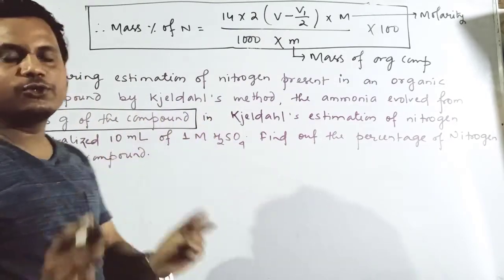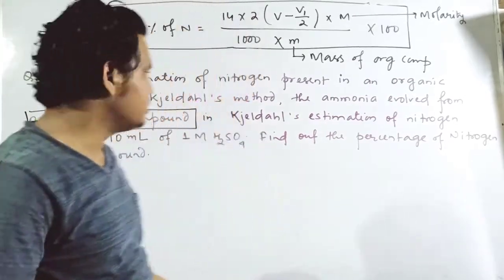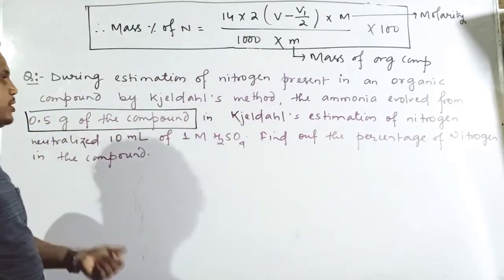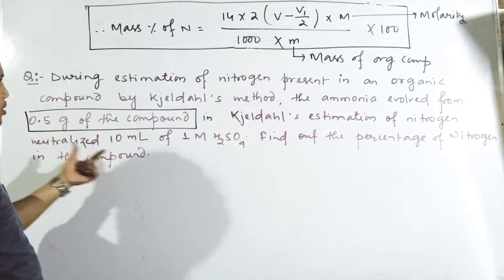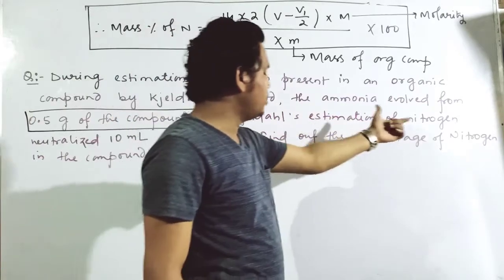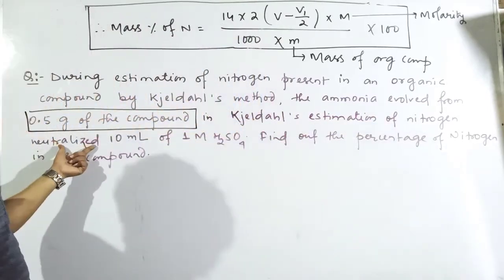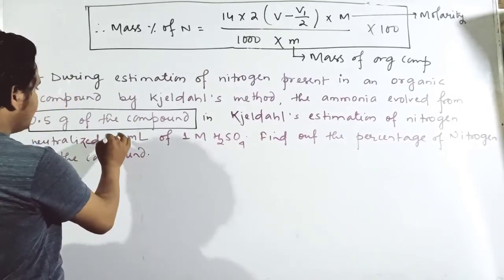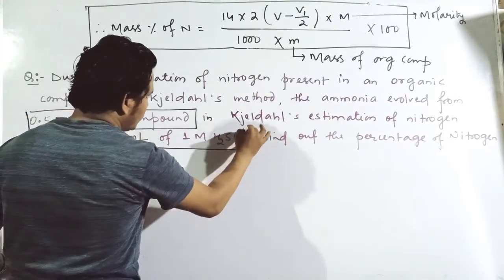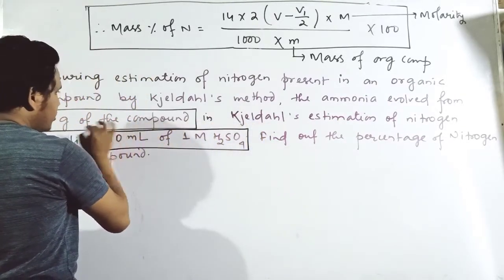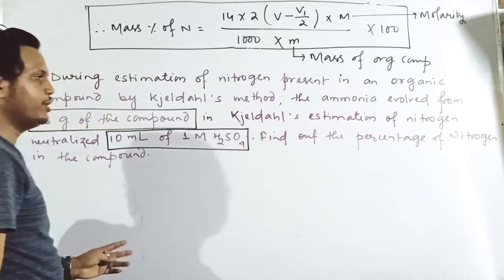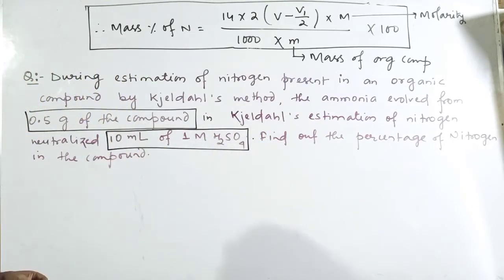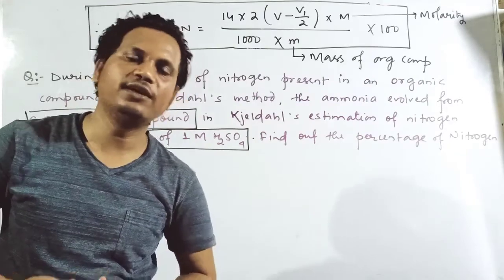So the mass of the organic compound is given, 0.5 gram. In Kjeldahl estimation, the nitrogen neutralizes 10 ml of 1 molarity sulfuric acid. So this is the volume and molarity of sulfuric acid. Find out the percentage of nitrogen in the compound.